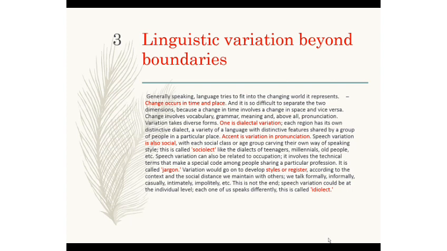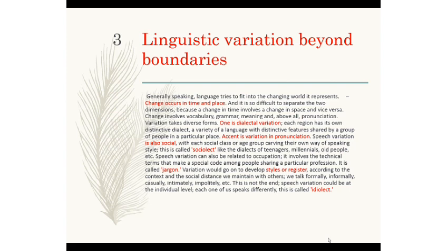And this variation takes different forms. For example, we have dialectal variation, where dialects vary from one place to another place. We have also different accents, where variation is only at the level of pronunciation.